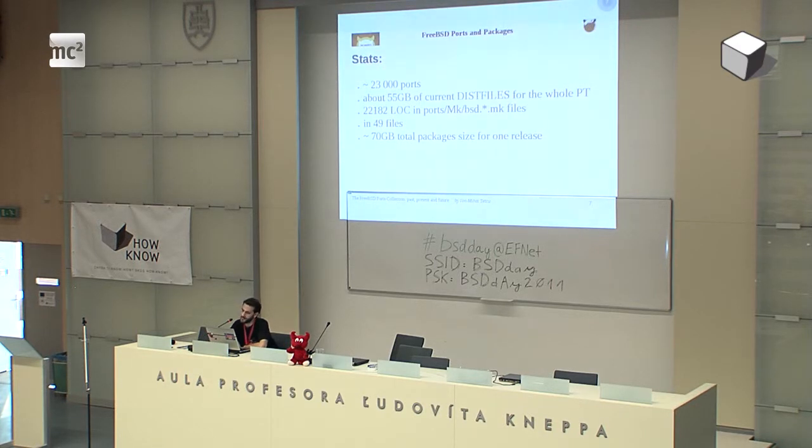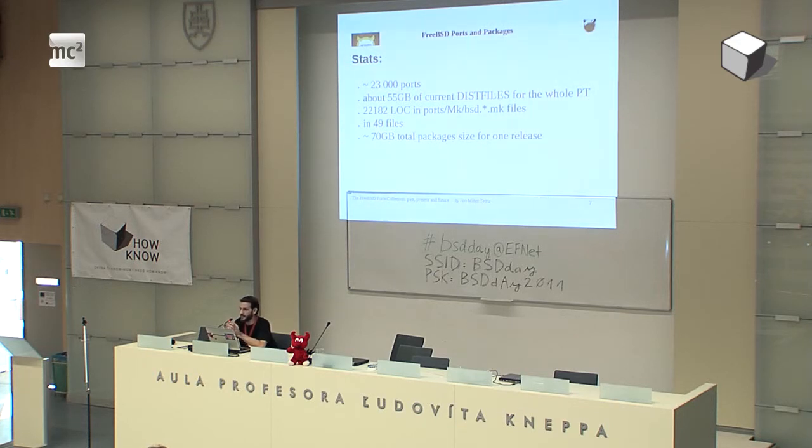You'll see that we now have some 23,000 ports, and the lines of code in the infrastructure, the MK files, which you use to provide defaults for various types of configure systems, like the autotools, CMake, and so on, have grown to a rather insane quantity of more than 22,000 lines of code in 49 files.